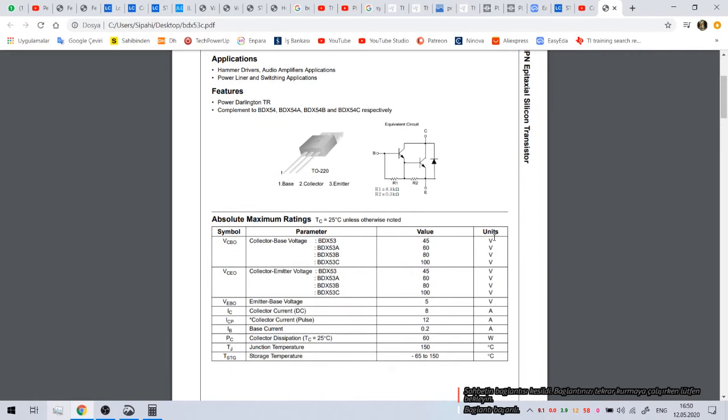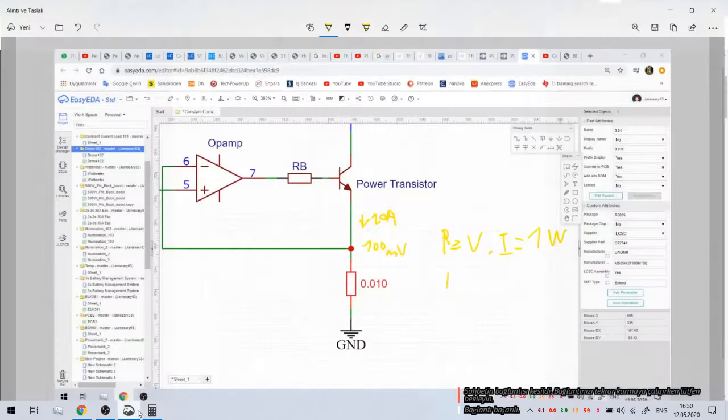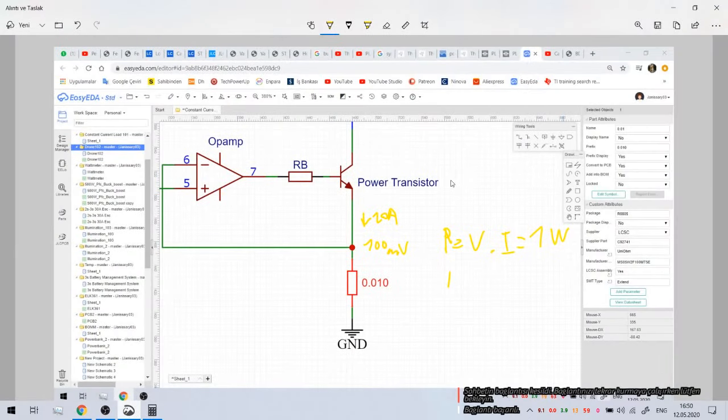I will use some heatsinks. The heatsink is disassembled from a computer power supply, and I can say 6 centimeter by 7 centimeter, and some depth also.